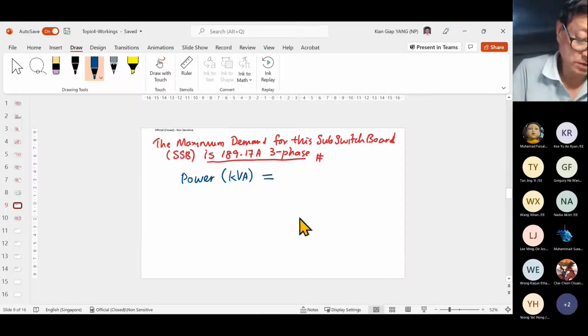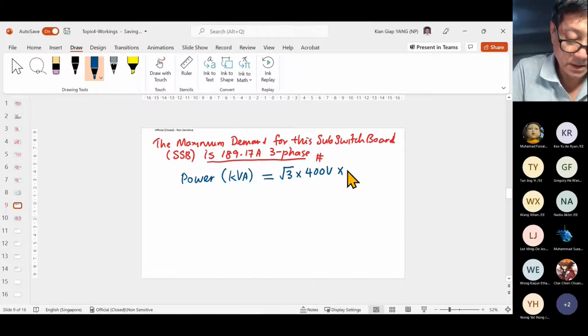kVA is equal to √3 times 400 volt times 189.17 ampere. That will give me kVA.